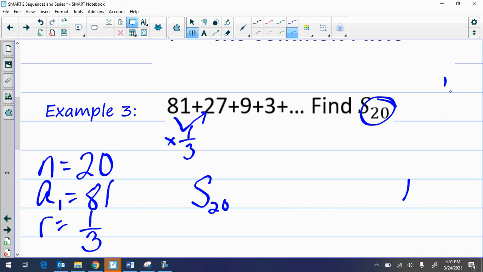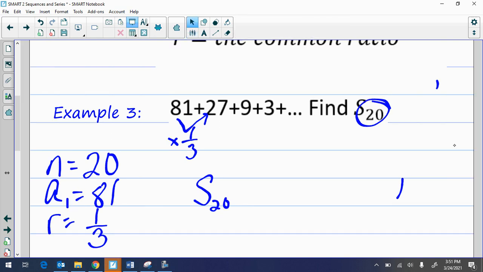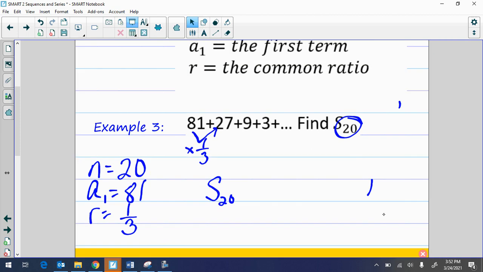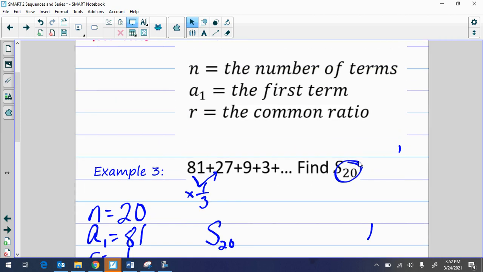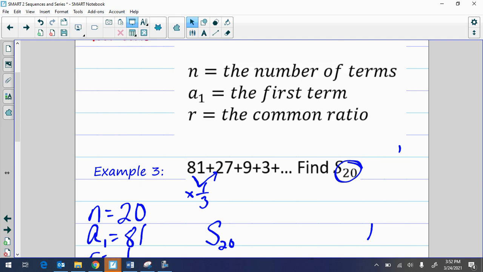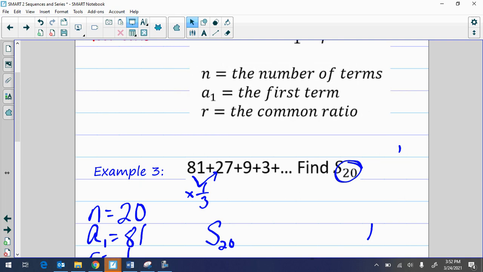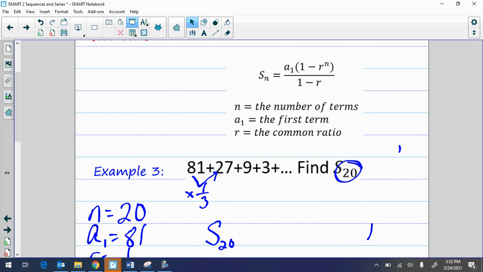And my formula, trying to pinch it so I can see my formula. Shouldn't have made my formula quite so big. There we go.